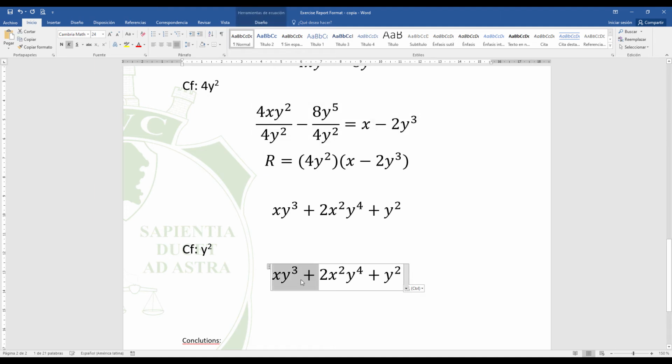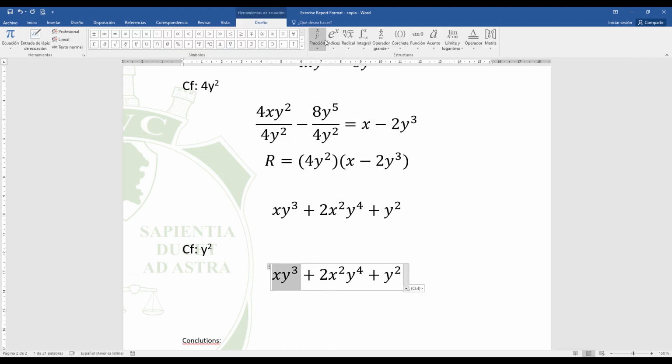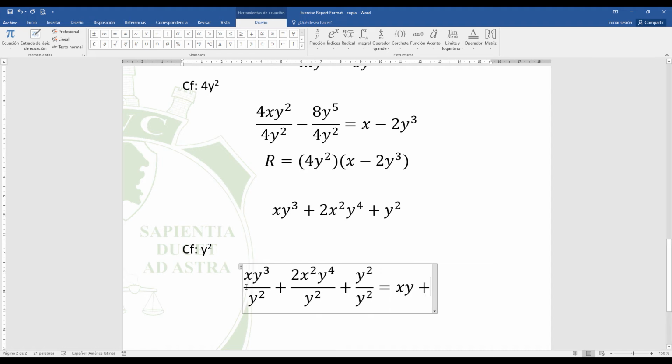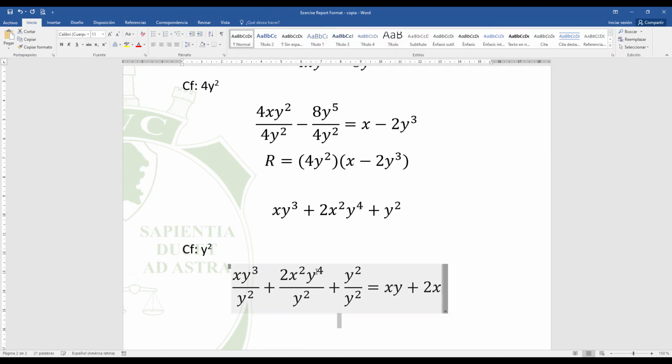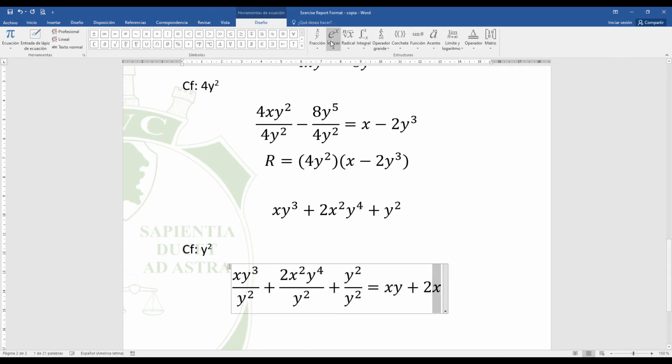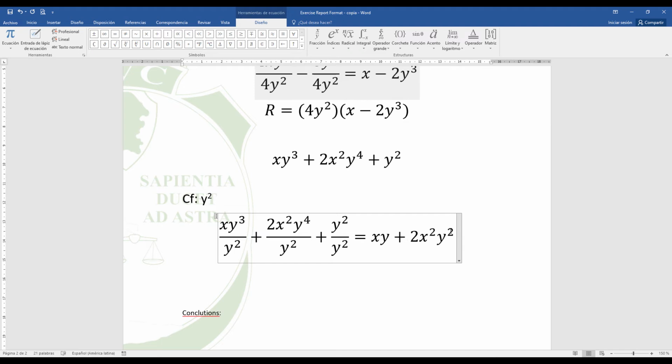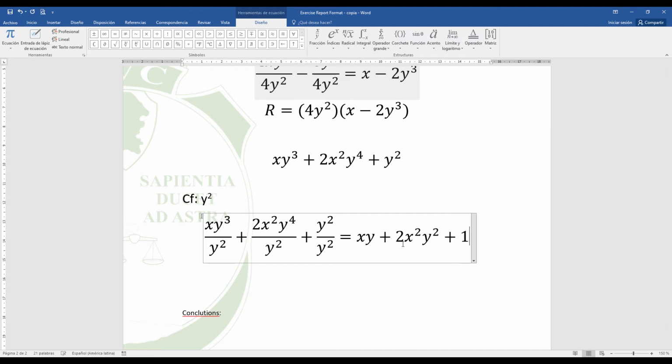Now you need to divide every term. Okay, so in that case, this is xy plus 2 x squared y squared plus 1.